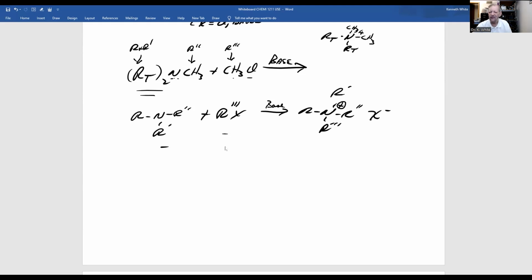If you don't show the charges, I won't take off points, but I do because I think it's cool. Dr. White likes to be a cool dude. Or you could have also written it this way. And this is ditallow dimethyl ammonium chloride.